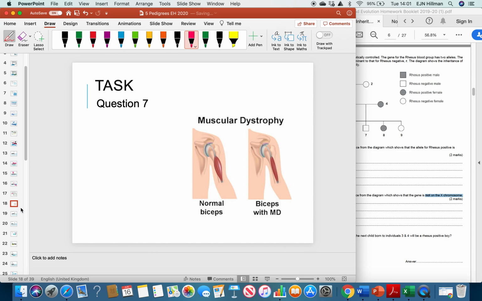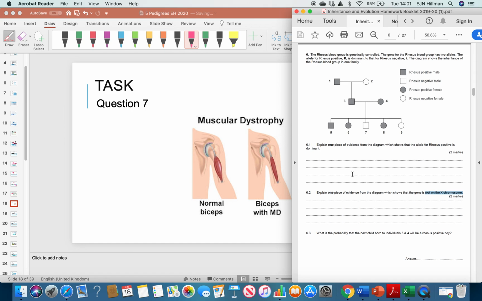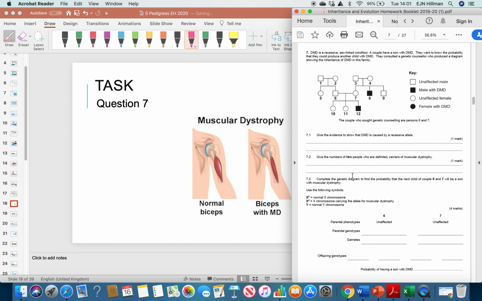Question 7 shows another pedigree. This time, question 7 is the inheritance of muscular dystrophy. Now, in the question, it tells us that DMD is recessive and sex-linked.